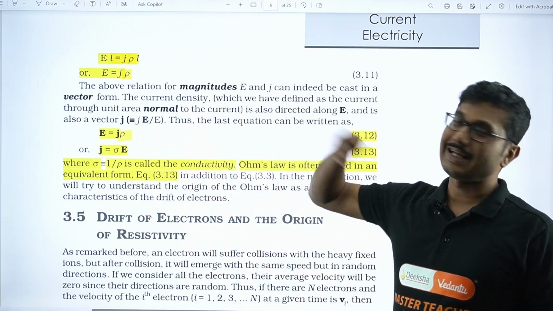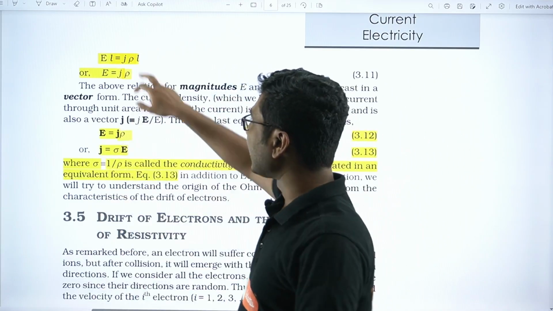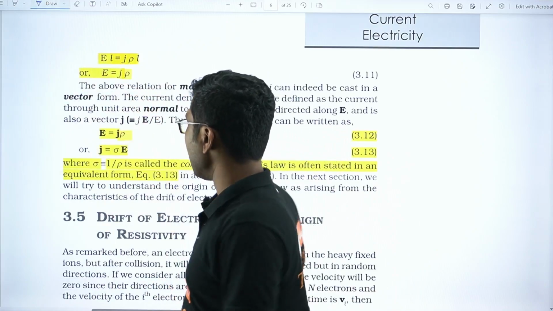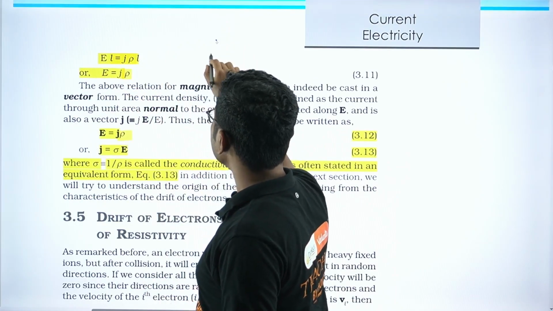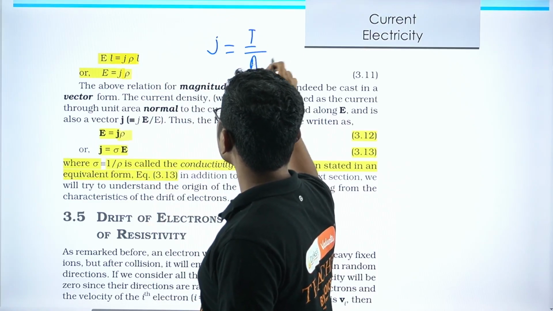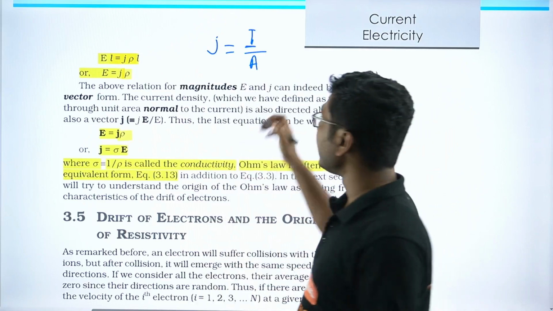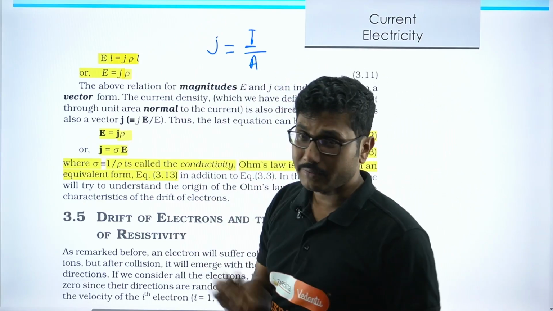What is J? J is a new term, called current density. What is current density? Current per unit area. So J is current density, and it is equal to I by A. The unit of current density is very important in terms of objective questions.